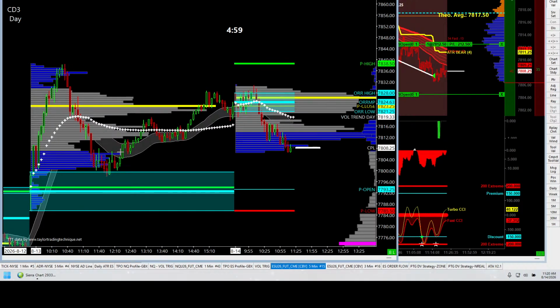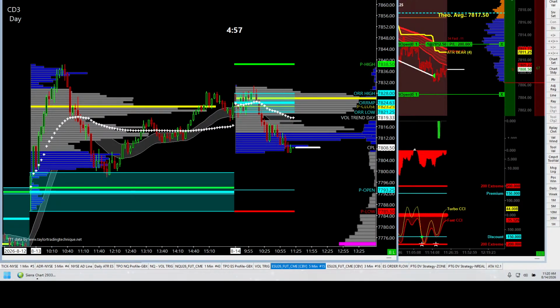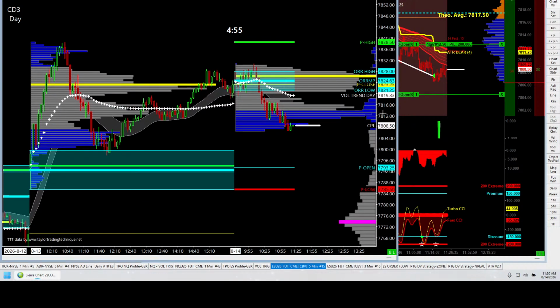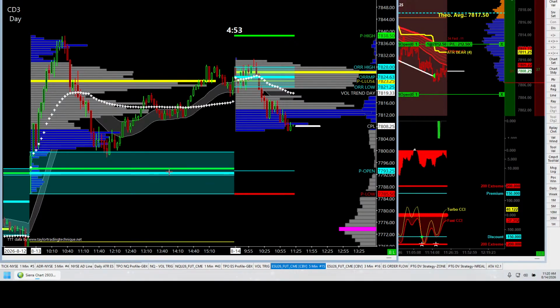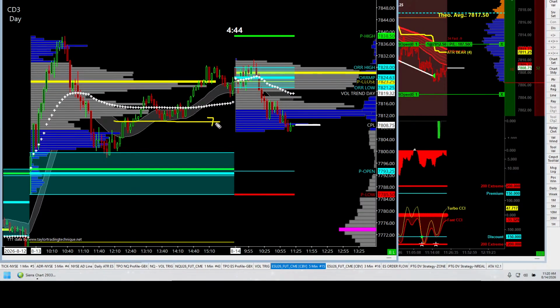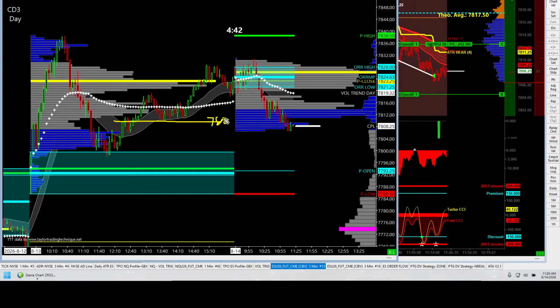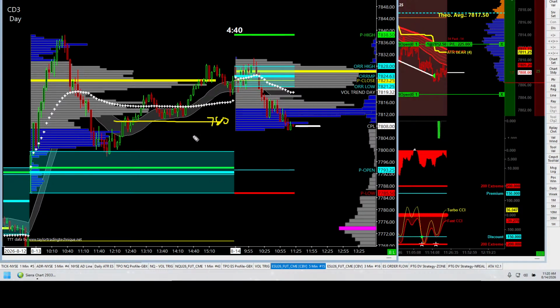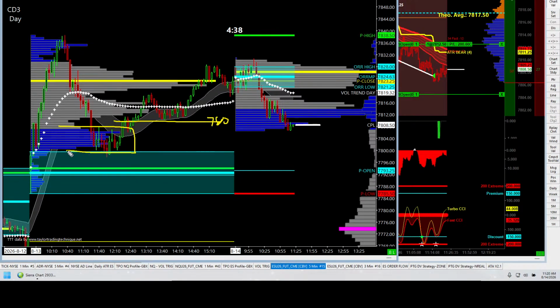So just taking a look at the 5-minute RTH. Again, we were talking about that line in the sand at the 78.10s, right? So we're into that zone now. But you can see this high volume node over here, and this is yesterday's low of value.